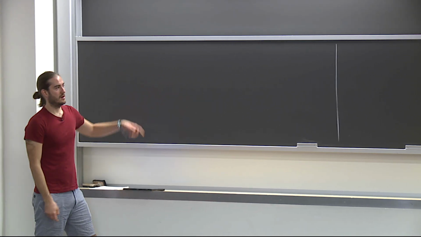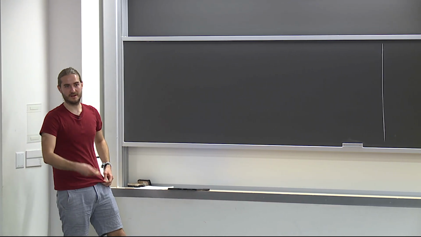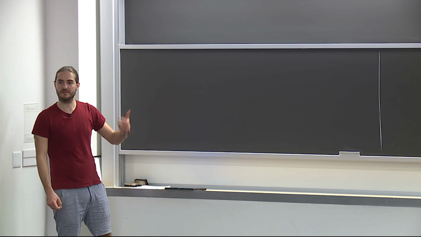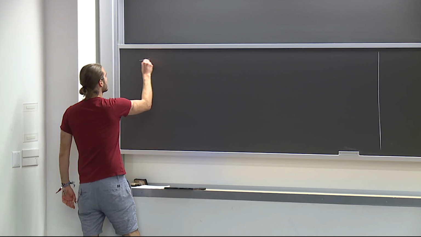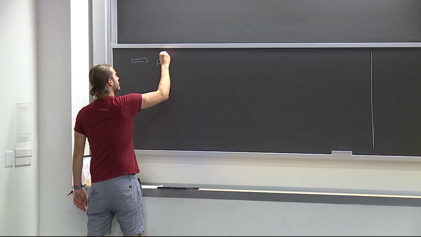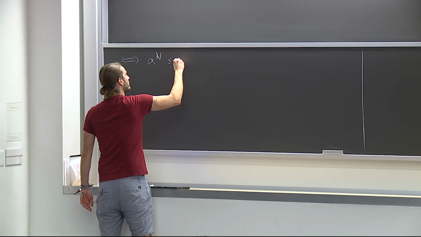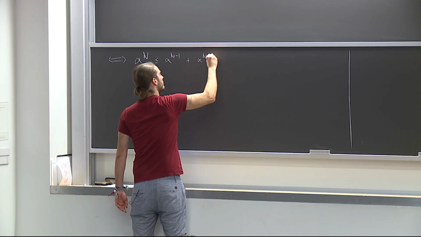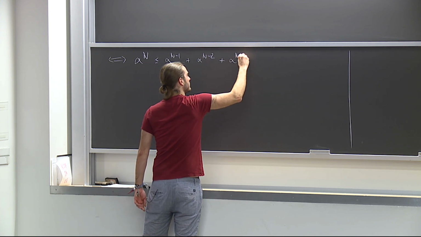Now, if you have a look over there at the recurrence relation, and if you just imagine that T of n has the form alpha to the n, then this is basically equivalent to saying that alpha to the n is at most alpha to the n-1 plus alpha to the n-2 plus alpha to the n-3.